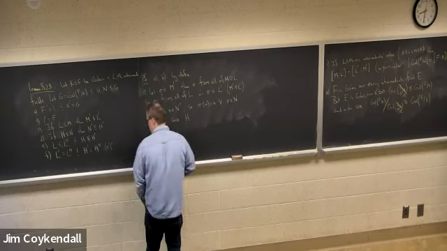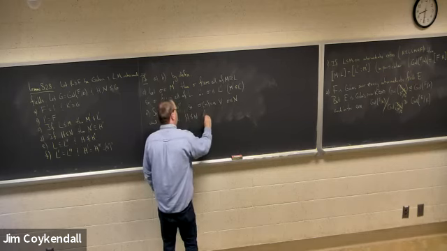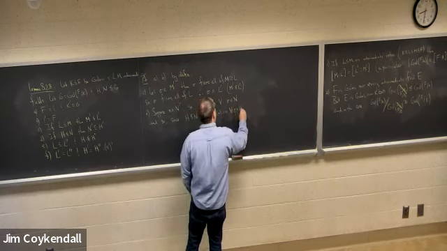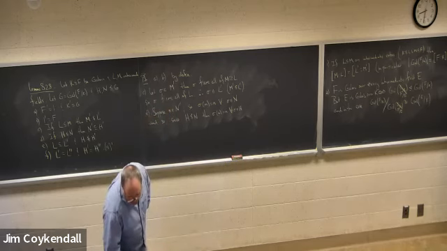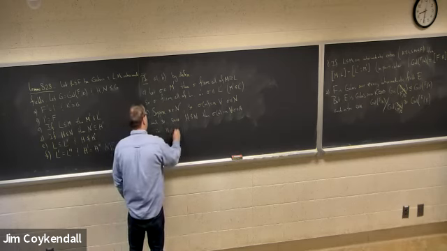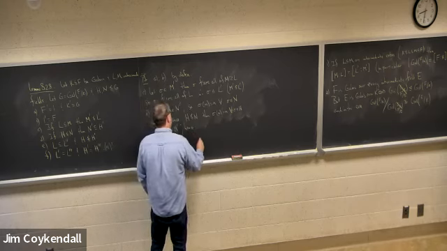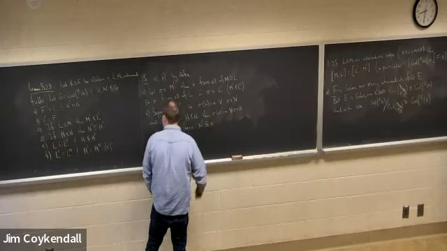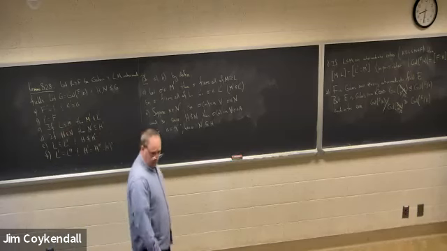Since A is a subgroup, then sigma N equals N for all sigma in A. So therefore, N prime is a subgroup of prime. Okay, so far.